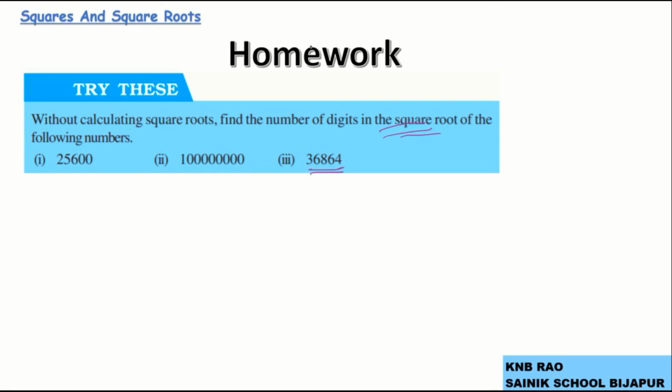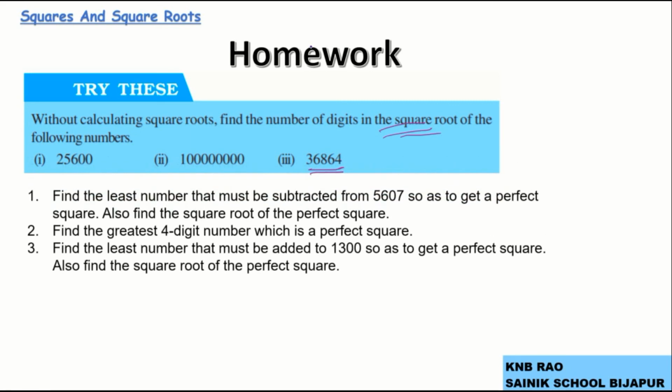Along with this, I am giving you 3 more questions, but these questions are application type. Remember, we will solve them using long division method only. Find the least number that must be subtracted from 5607 so as to get a perfect square.